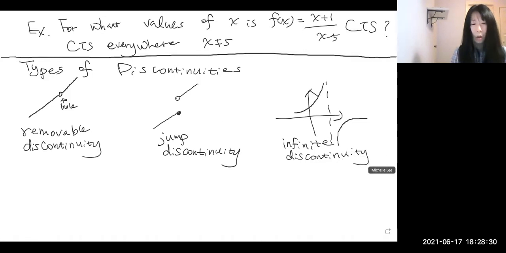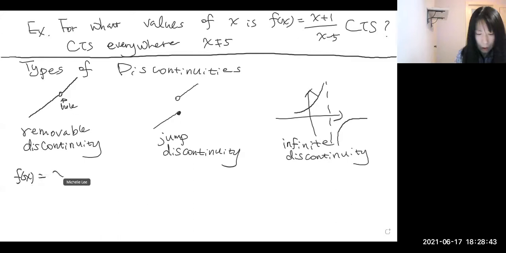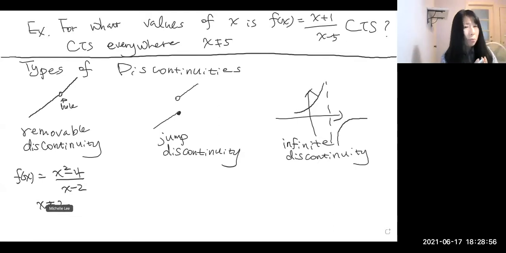Okay, so basically removable discontinuity, like we had a fraction earlier, right? When I introduced this one, we had x squared minus 4 over x minus 2, right? So domain x cannot be equal to 2. But then there's no asymptote because we find the vertical asymptote in the lowest term.